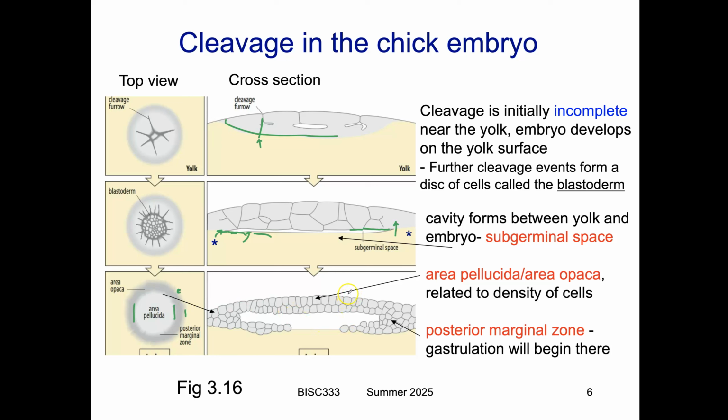So the area pellucida, looking from the side, is like this. There's just a few layers of cells, and then the subgerminal space. On the sides, though, you have multiple layers of cells, and so that area just looks darker and thicker.